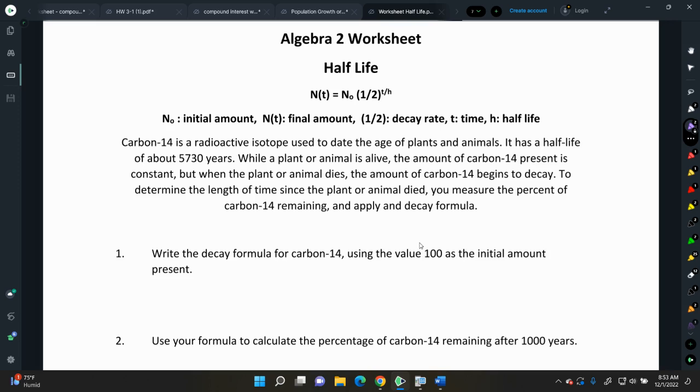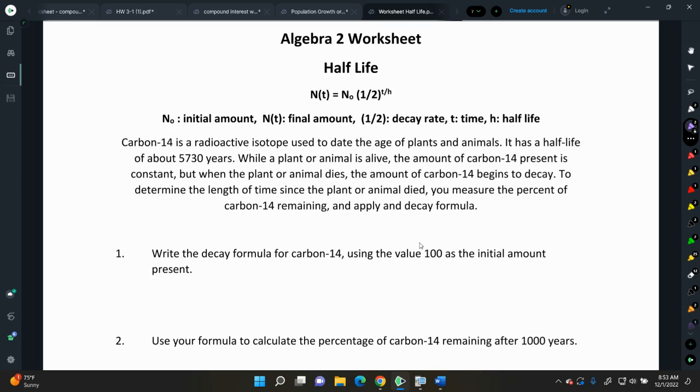Okay? It is exponential, because how can I explain this? If I have a substance that's decaying at a rate, let's say that it takes 10 days to decay where it has half of its original substance. Let's say I had 100 grams. In 10 days, I have 50 grams, right?